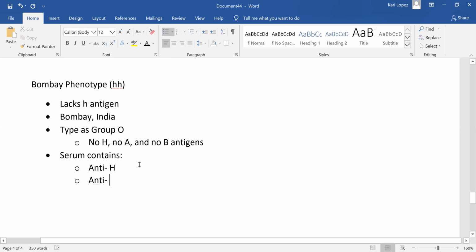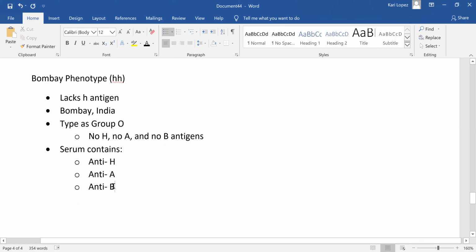Anti-H, and then anti-A and anti-B. Just remember Landsteiner's law: your body will make antibodies to anything that your red cell is lacking antigen-wise. So if you don't have H, A, or B antigens on your red cells, then you'll make antibodies to them.